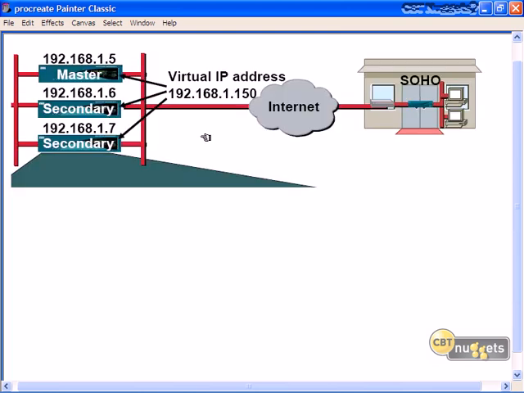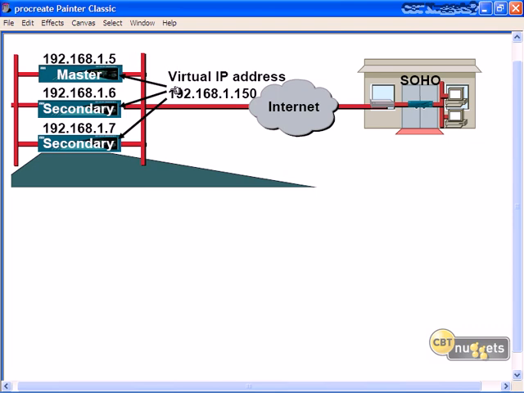Here's another example of not a firewall solution, but VPN concentrators that are actually servicing virtual private networks for an IP security solution between a small office, home office, and the headquarters using the public internet. You can see I've got a master Cisco VPN concentrator that can terminate a bunch of site-to-site VPNs as well as remote access VPNs from users that are logging in, let's say, from a wireless hotspot or from a hotel room using their laptop and a VPN client.